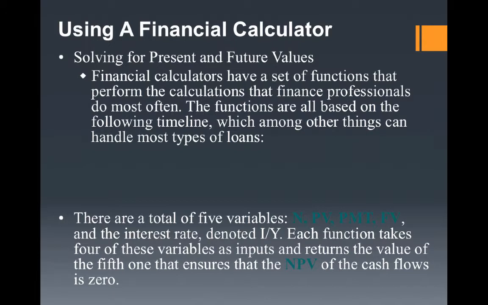The number of periods, which is N, the present value, PV, payment, which is the set of payments at the end or beginning of any period, the future value, FV, which is at the end of the timeline in question, and I/Y, or interest per year. Each function takes 4 of these variables as inputs and returns the value of the 5th one that ensures that the NPV of the cash flows is 0.